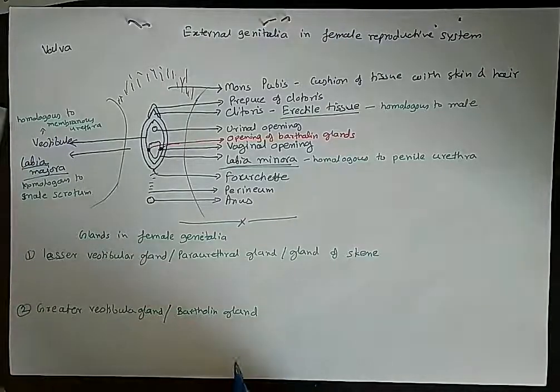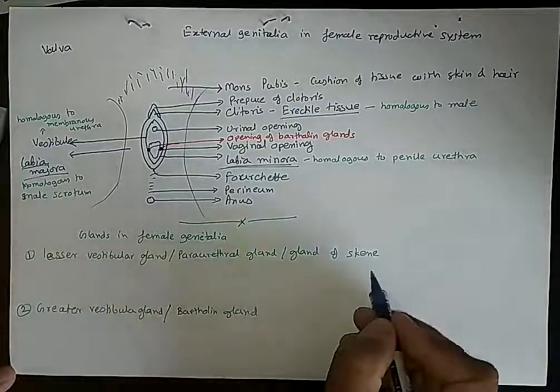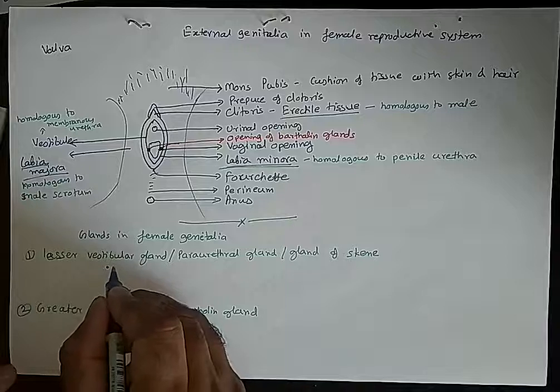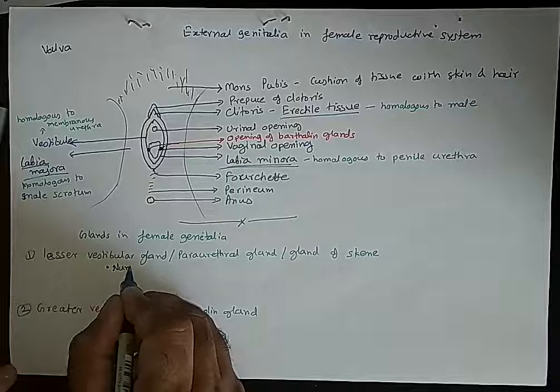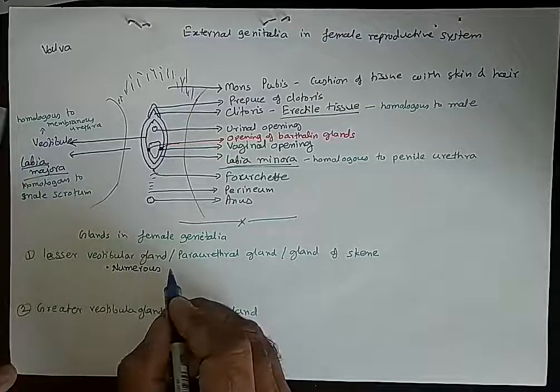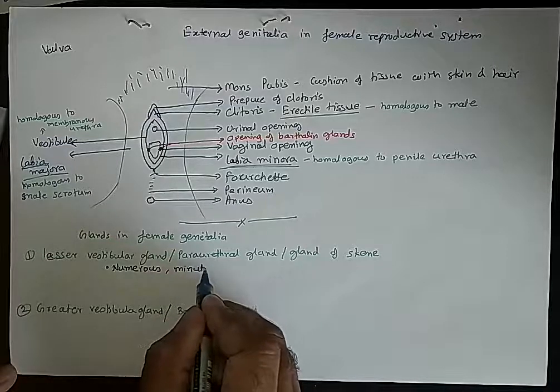First one is the lesser vestibular gland, or paraurethral gland. These glands are numerous in number, and they are minute, small glands.